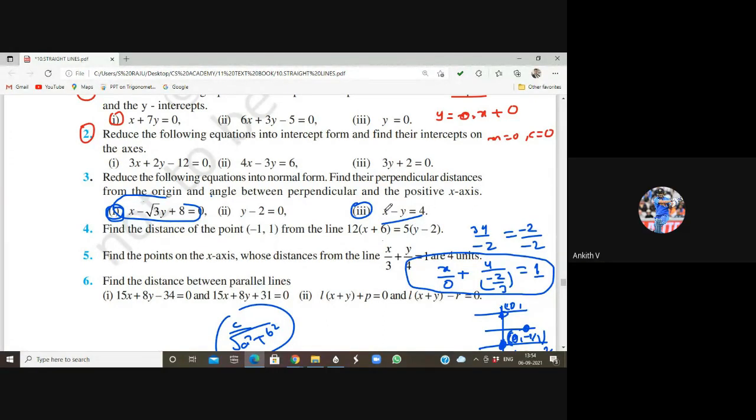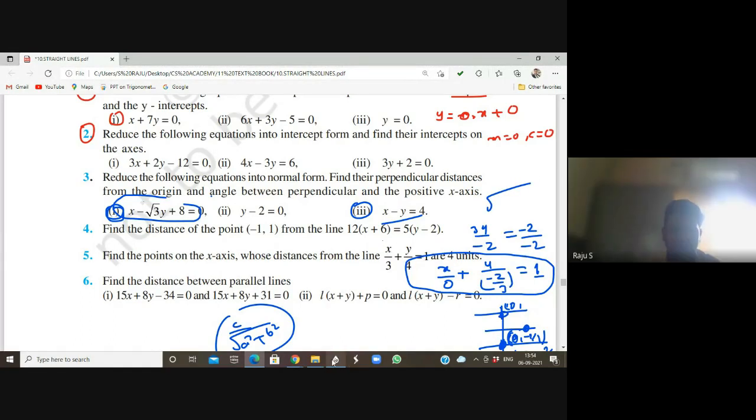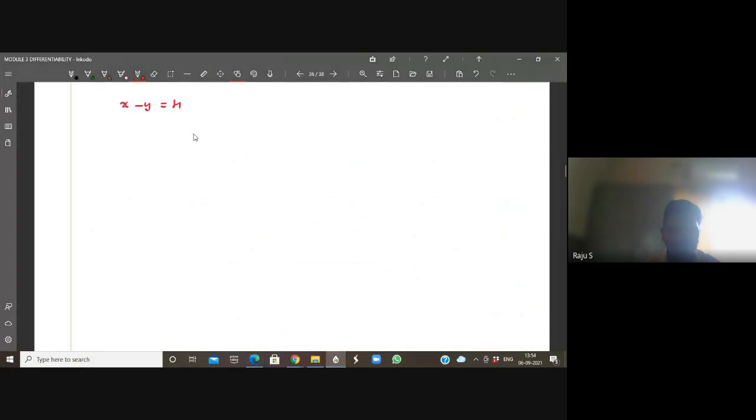Sir, root of a square plus b square value is root 2. Dividing on both sides, you can simply take root over a square plus b square. That's all. This we have to compare with ax plus by is equal to c.